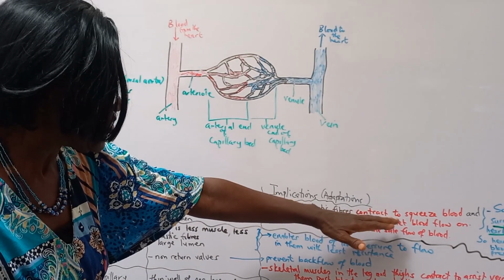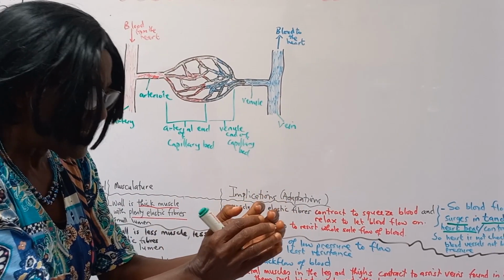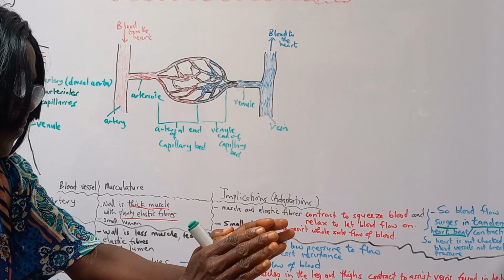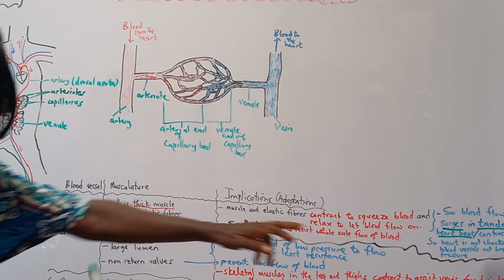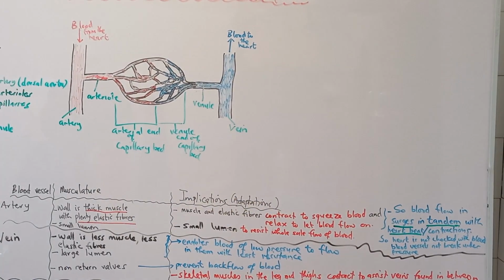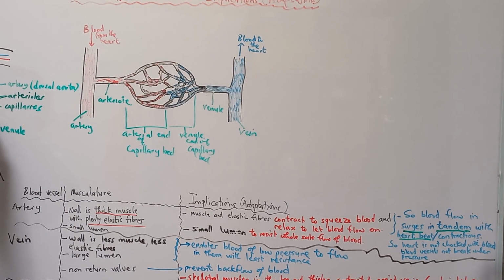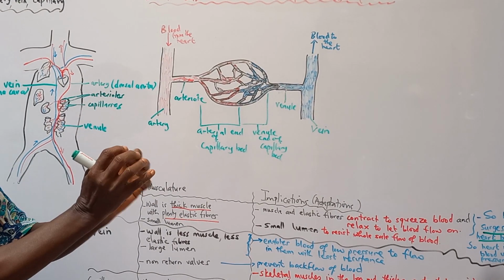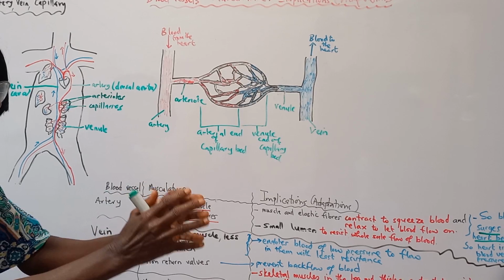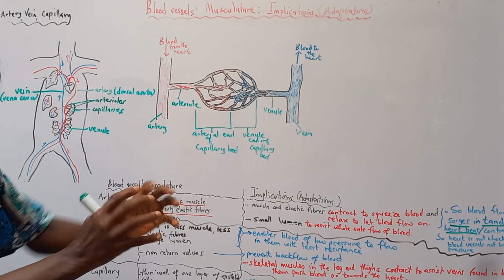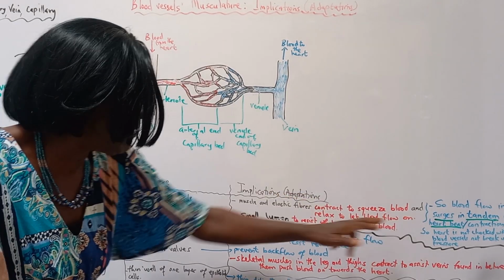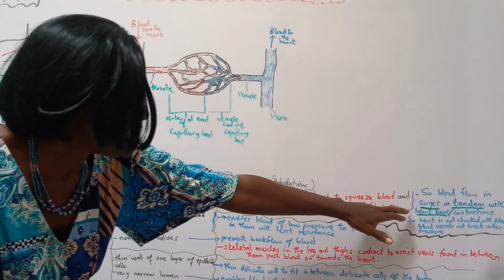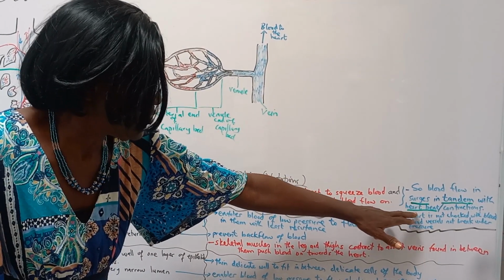As they contract to squeeze blood and relax to allow blood to flow, they do that squeezing and relaxing in tandem with heartbeat contractions. So the heart beats by contracting and pushes blood, and as it does that, the artery also contracts, relaxes, and pushes blood. So the blood goes in the arteries in surges in tandem with the heartbeat.